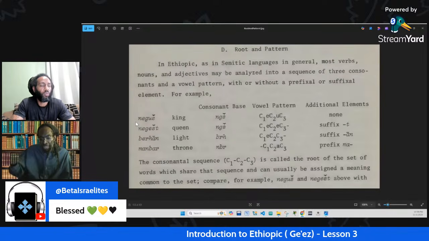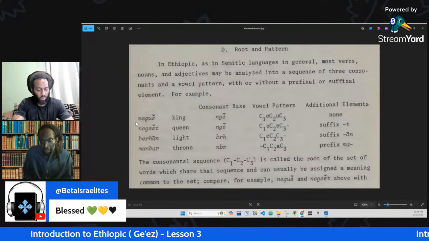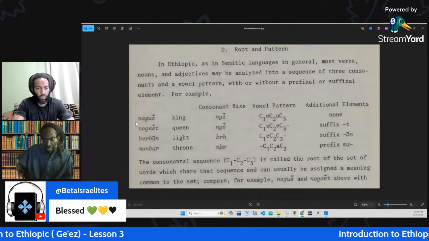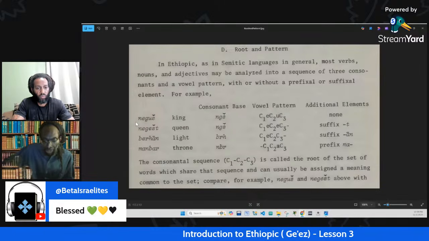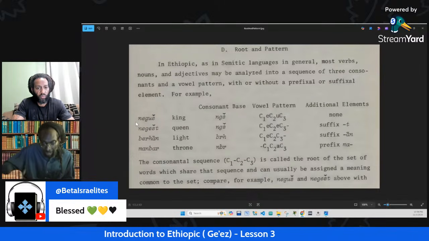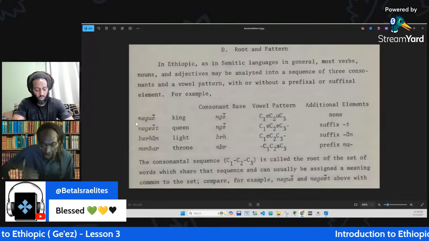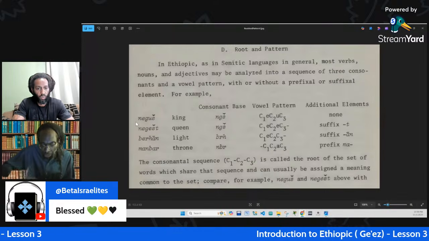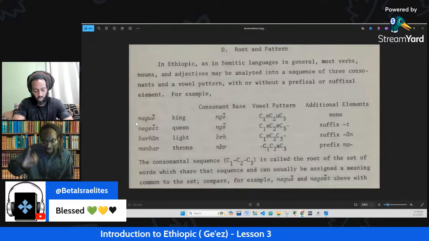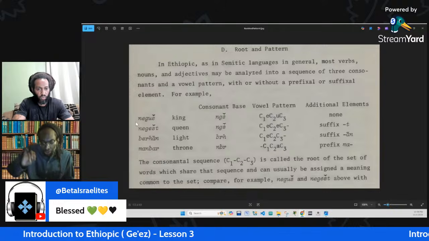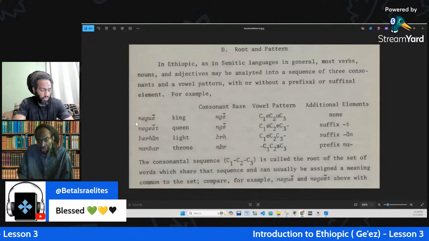But when you see that in Lambdin's lesson, and among other academics, in ancient times it would make the S sound different. So instead of, as we say today, negus, in more ancient times it would have been more like negush. It's like a slur that makes the S sound more like a sh. So you see negush, which is king.